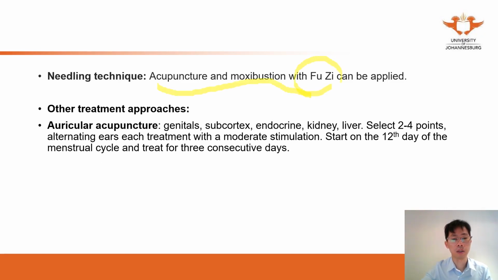This is the combination of moxibustion with the food cake that we have introduced. The reason is also to improve the heat, strengthen the heat to tonify the yang deficiency, relieve the yang deficiency, to tonify kidney yang.